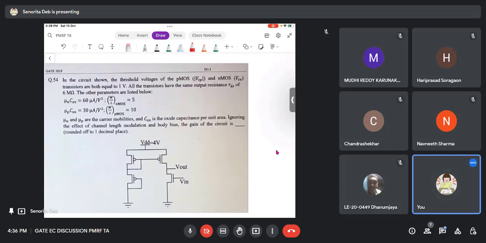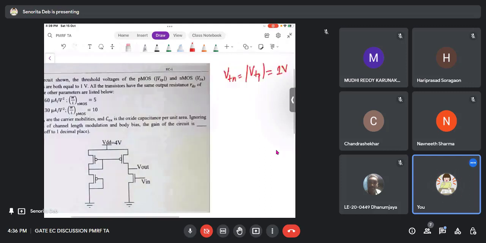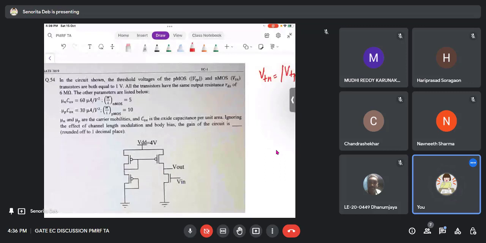And all the transistors have the same output resistance RDS, which means RDS is present in the circuit, and RDS is 6 mega ohms.